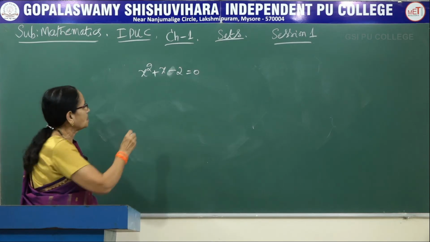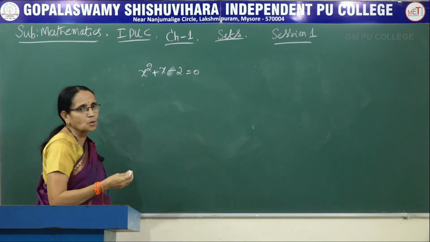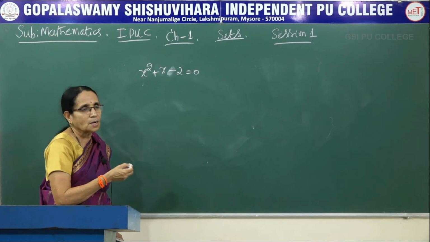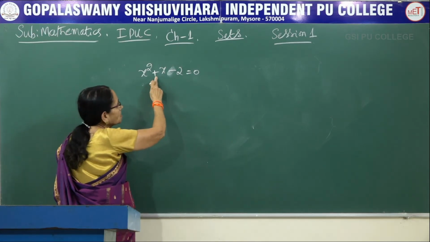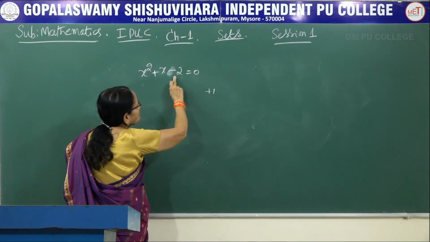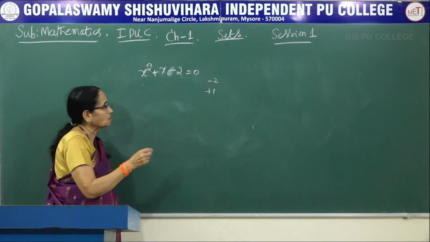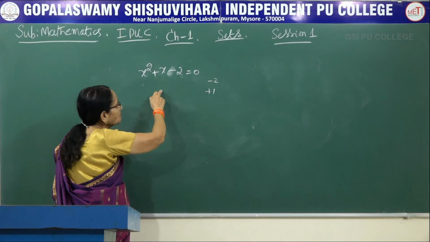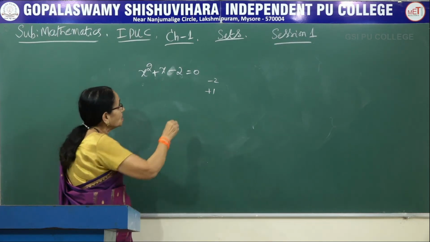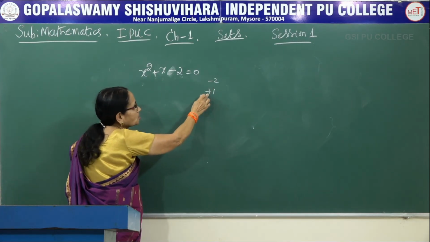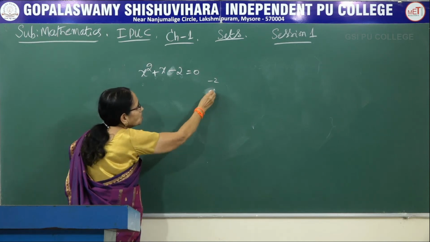Two values. Either you can use the formula or you can factorize it. Look at the middle number. It is plus 1. Look at the end number. It is minus 2, isn't it? I hope you remember the rule. You have to split the middle number in such a way that the product should be minus 2 and the sum should be plus 1. How can you do that?